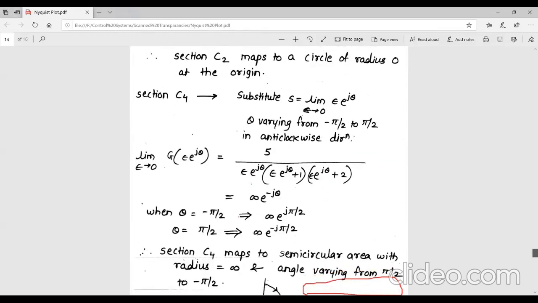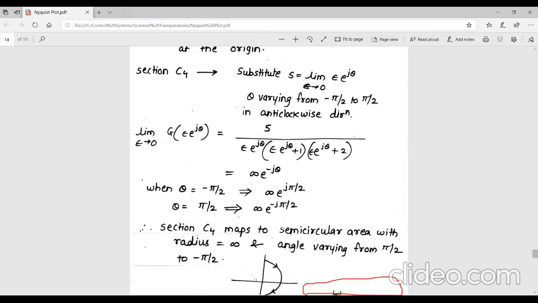Now similarly, section C4. Now section C4 is the smaller semicircle where the radius is epsilon, which tends to 0. Again, substitute S is equal to epsilon e raised to j theta depending on the radius. After substituting, we get 5 upon epsilon e raised to j theta, then two different brackets after substitution, and then again we do the same thing.